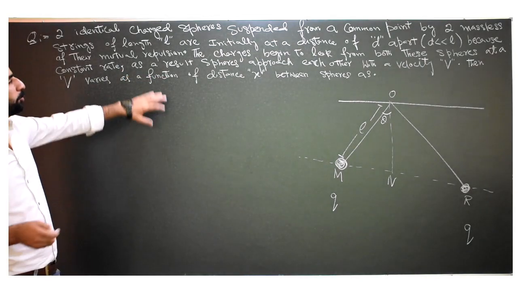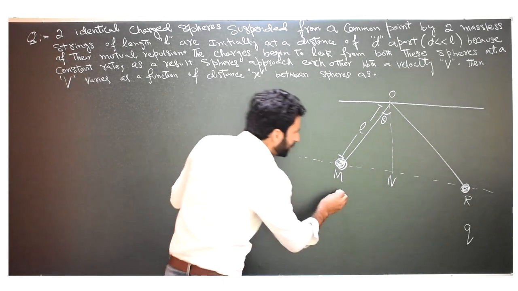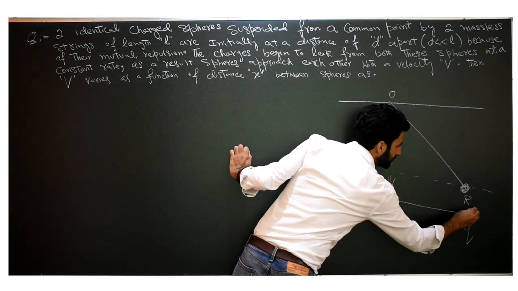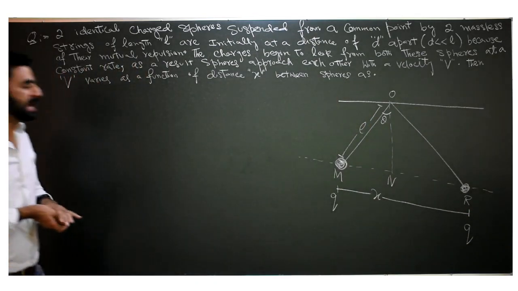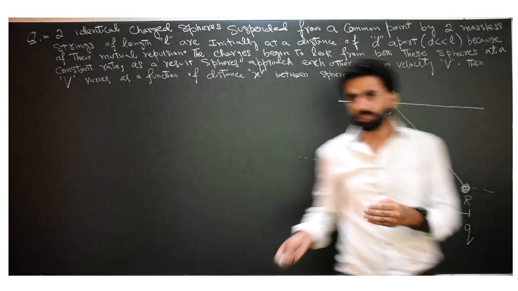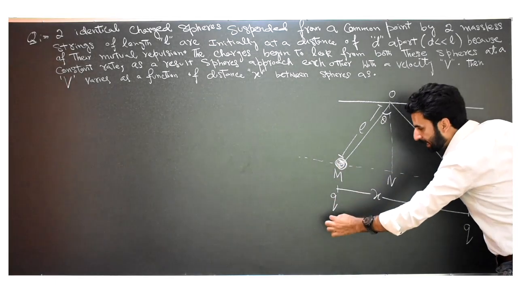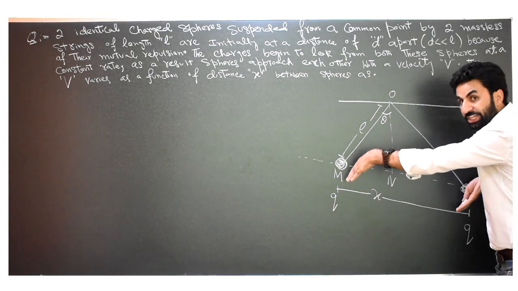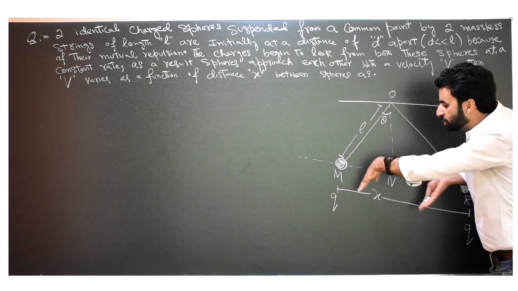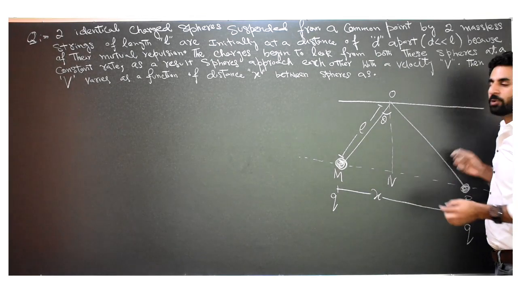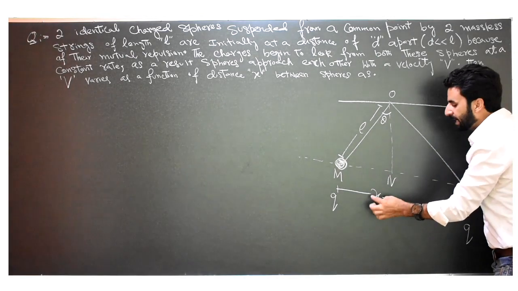At a particular point, suppose the distance between these two charges is x. Once the charge leaks, the electrostatic force of repulsion decreases and these charges approach each other with a velocity v.